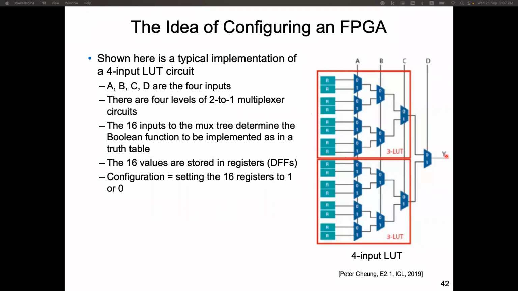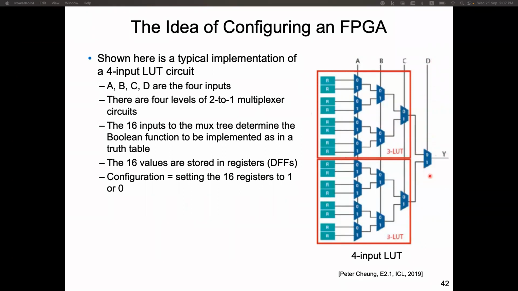Now to decode it, we can use multiplexers. In this decoder, we have 4 levels of multiplexers. Here, the first level, second level, third level, and last level. A multiplexer has multiple inputs and 1 output, and it chooses 1 of the inputs to pass to the output, depending on the control bit.